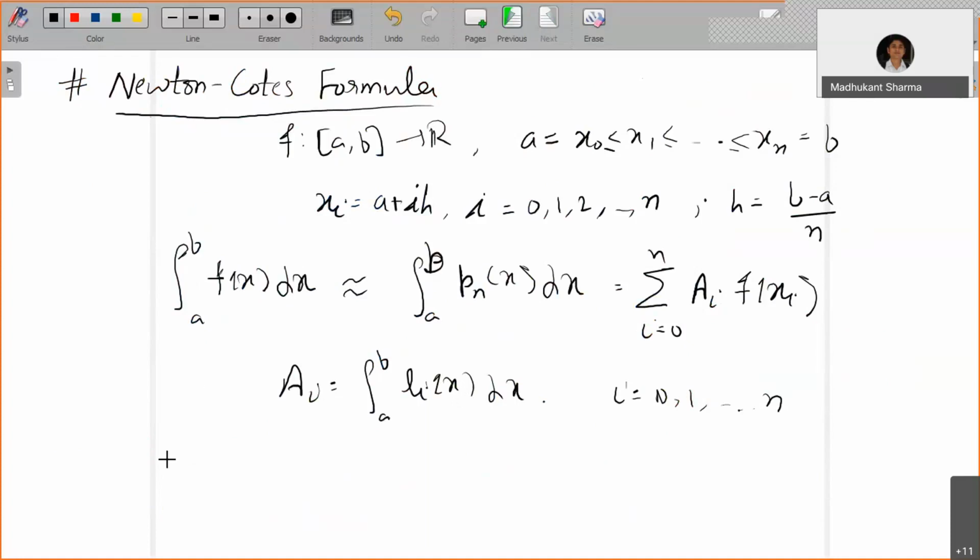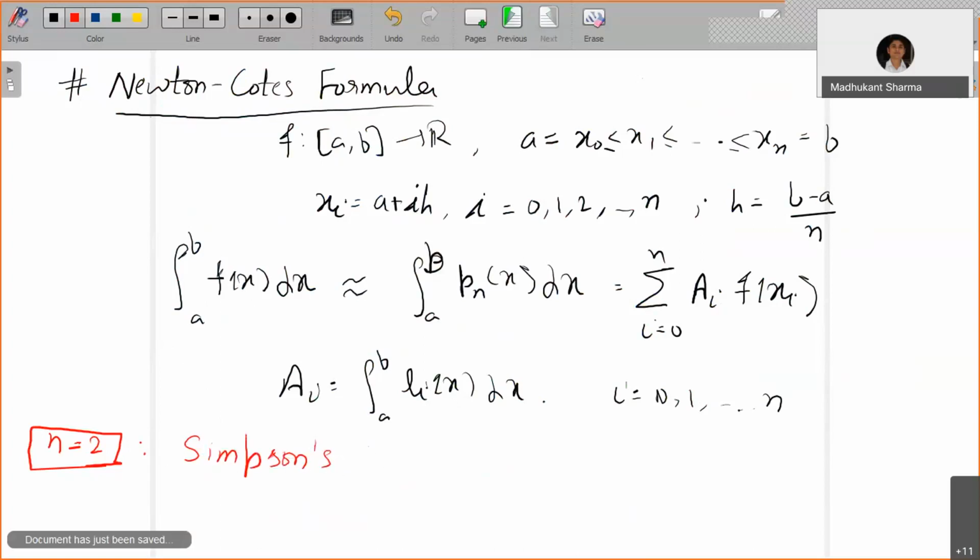Similarly, if you take the case n equals 2, then you will derive a formula which is known as Simpson's rule, that now we are going to derive.